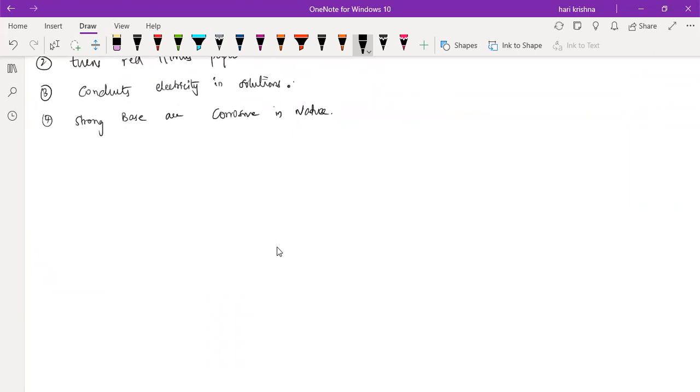Next one, chemical properties. Now you have to tell the chemical properties one by one. Okay, first one, reaction with the acids.